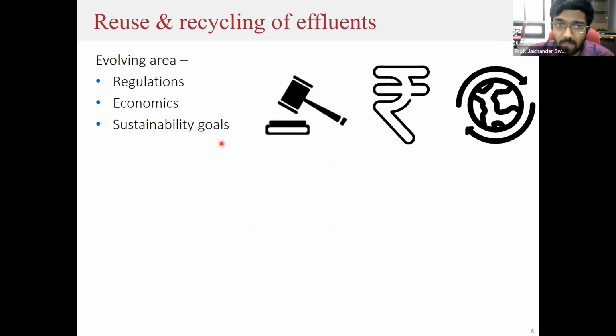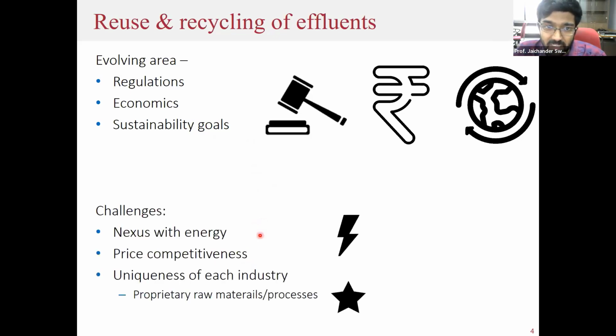And I think there are also market driving forces towards water recycling and reuse. From the perspective of sustainability, from a brand building perspective, it is also useful for these industries to be more careful in their resource usage, right? And some of the challenges are, of course, related to the nexus with energy and for the industry to remain price competitive with their competitors.